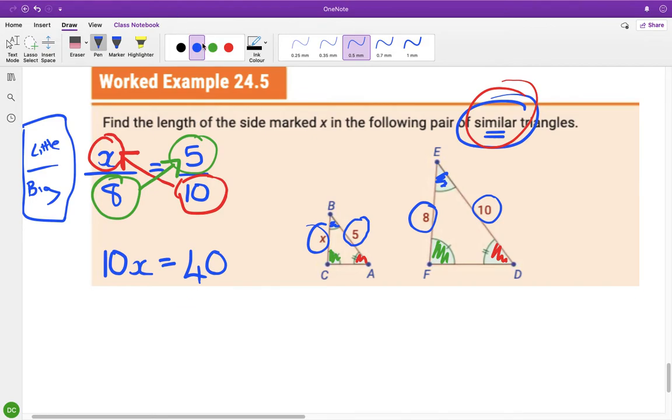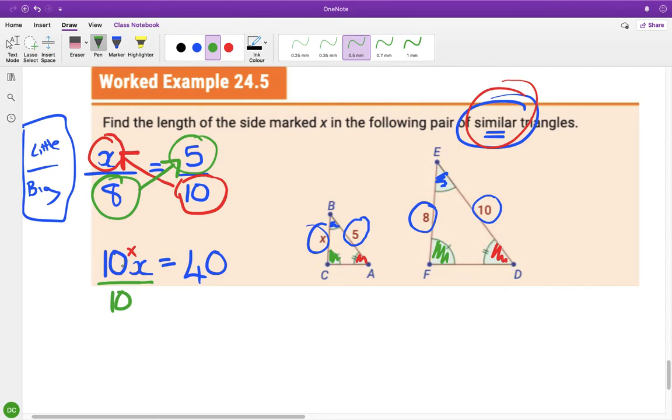Okay, now there is a multiplication, an invisible multiplication sign between the 10 and the x. So in order to separate these, I need to do the opposite of multiplication, which is to divide by 10. So the x is being multiplied by 10.